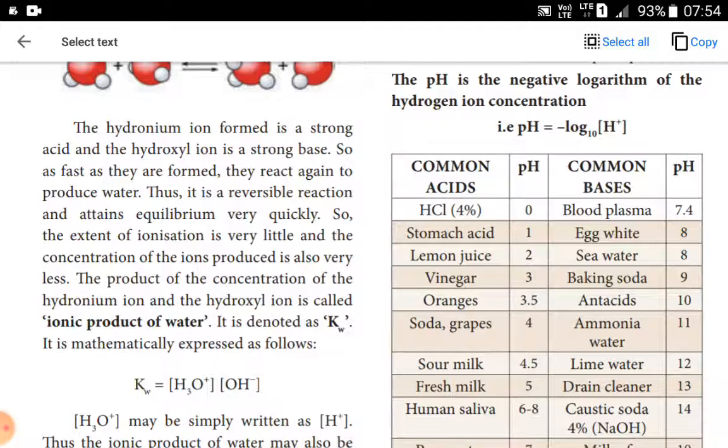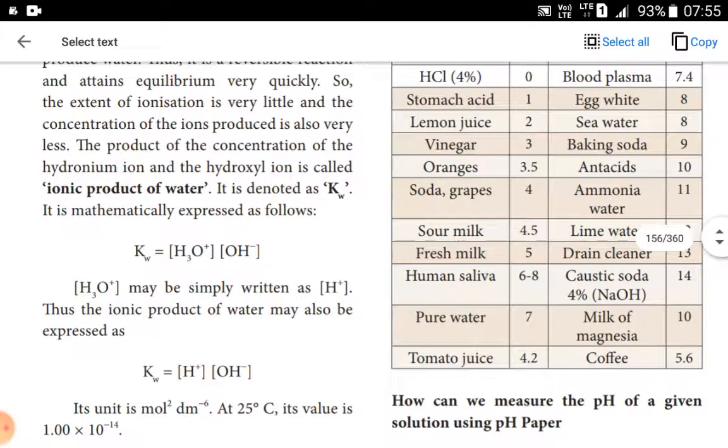This hydronium ion is obtained from the H plus ion. When a water molecule decomposes, it gives H plus and OH minus. And this H plus is the same as H3O plus, because H3O plus is obtained from H plus, so instead of H3O plus we can write H plus in the ionic product of water.